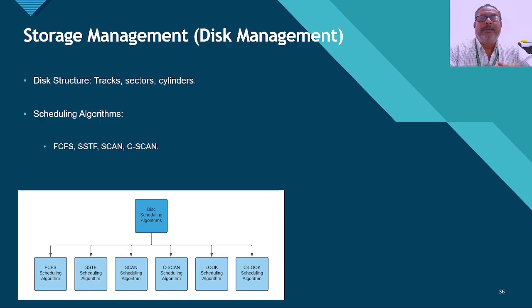That is what we call the scheduling algorithm, and we have various scheduling algorithms for disk management to make sure that the various components of the file are read from the disk at the earliest with minimum movements, because movement needs time. There is inertia, and mechanical movement is very slow compared to electronic speed.